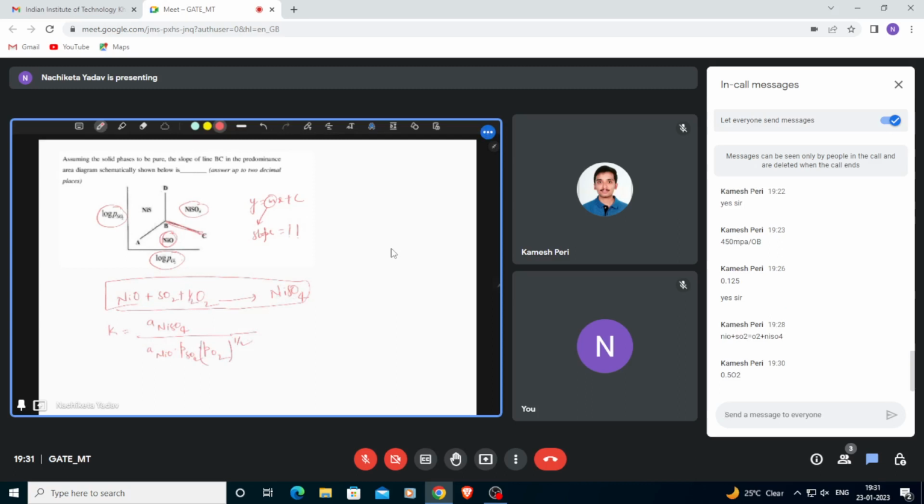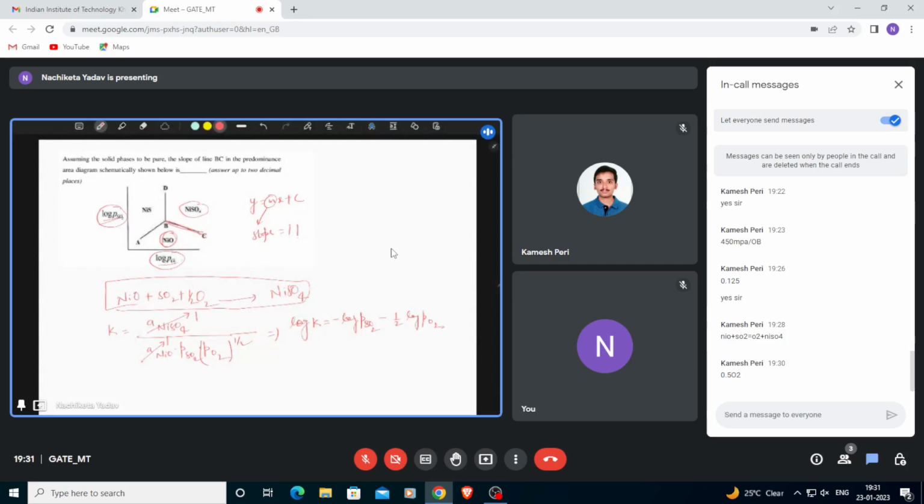So activity is 1, suppose it is in pure form. So simply we will take log on both sides. Log K will be equal to log P SO2 minus 1 by 2 log PO2.